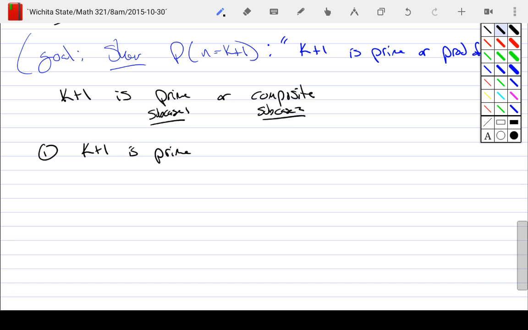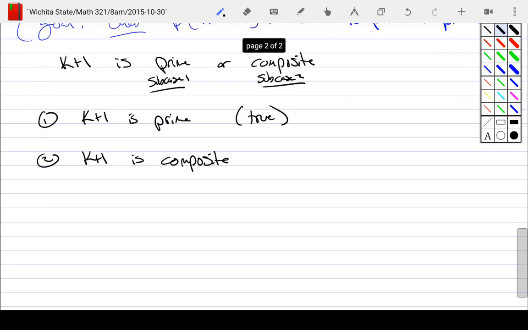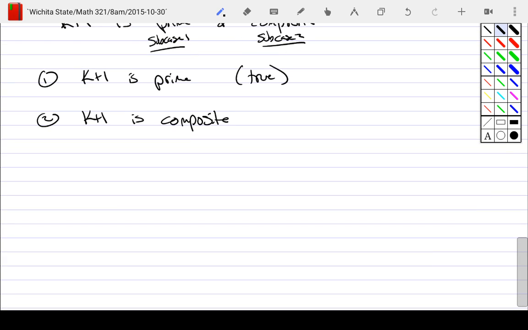Is my statement true? So if I accidentally land on a prime, it is prime. So, okay, fine. So we're true. Second version, what about k plus 1 is composite? What does that mean? What's a composite number?